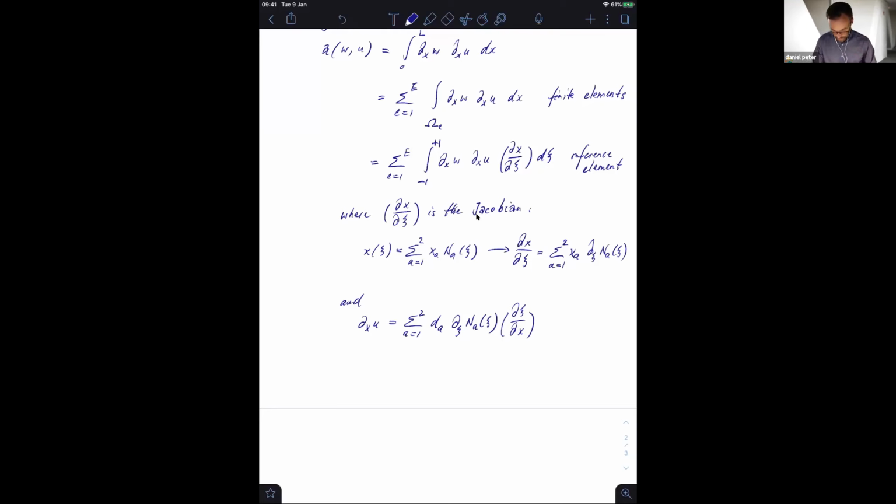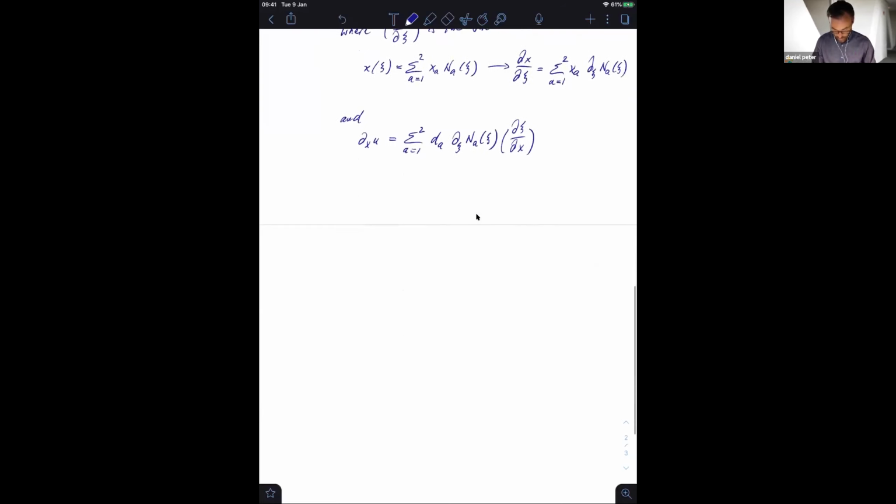So what do we get now when we use these reference elements for the integrations? So we have our bilinear form, W and U, which is now the sum over the elements E, where we integrate from -1 to +1 within the reference element.